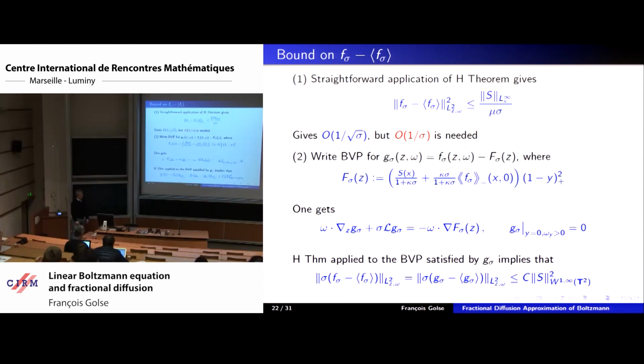This time you need the derivatives because you need to control the grad f sigma, right? So here you need S on the boundary to have bounded derivatives. Okay, so if you do this, then you fix this difficulty, in the sense that f sigma minus its average is going to be of order 1 over sigma, right? So there's a little subtlety which you have to take into account at this point.